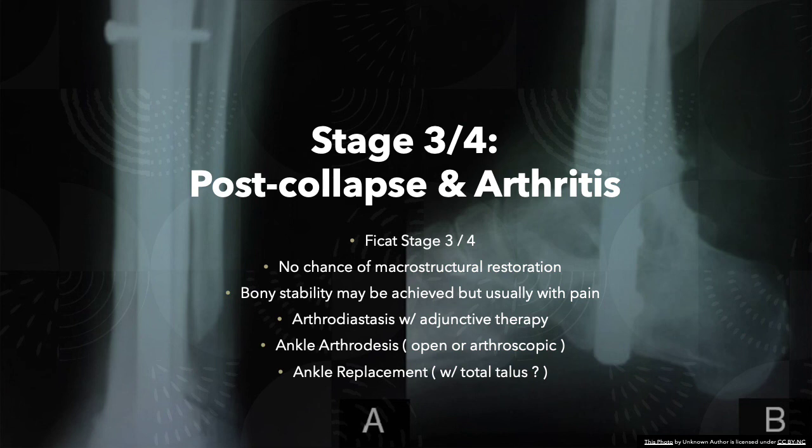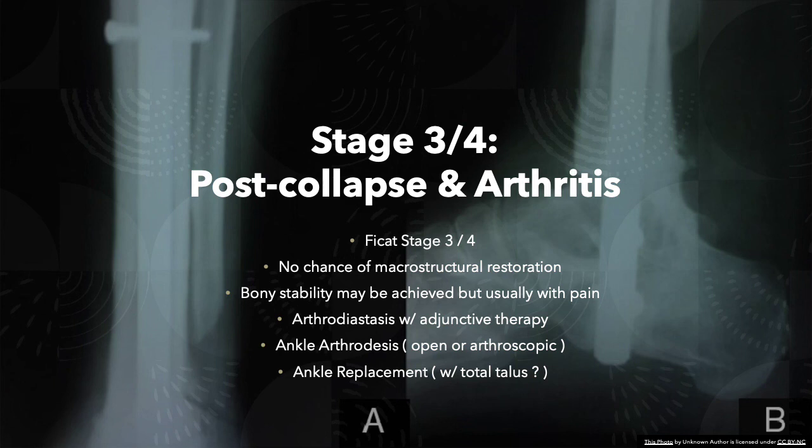Stage 3 and Stage 4 represent post-collapse and arthritis of the affected joint. Again, these are Ficat stage 3 and 4s. These are patients with no chance of macrostructural restoration, as you might imagine. Bony stability can be achieved, but usually with some degree of residual pain.